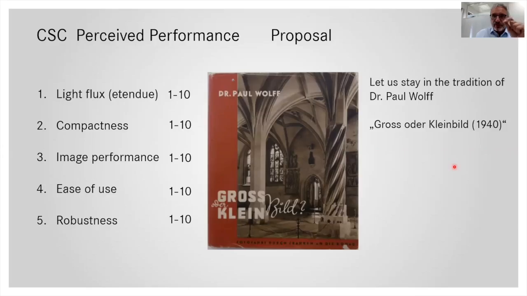In 1940, he published this, and this is interesting because 15 years after the introduction of the 35mm format, this discussion still existed. And what did he do? He published images he did with 35mm and with large format, and he mixed them. And he said, I don't tell you which one is taken with which system. Please decide by yourself.